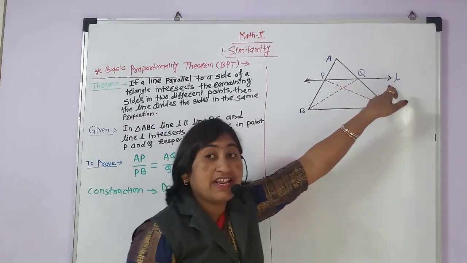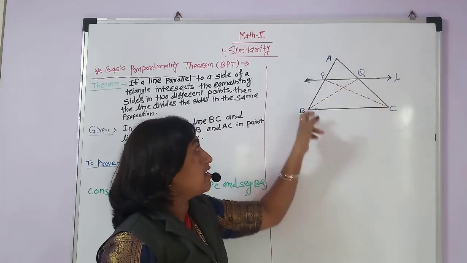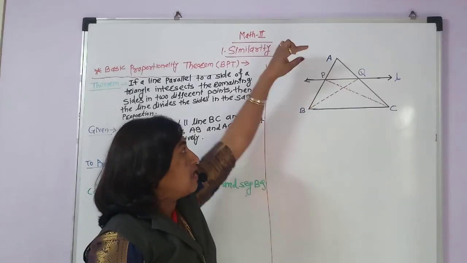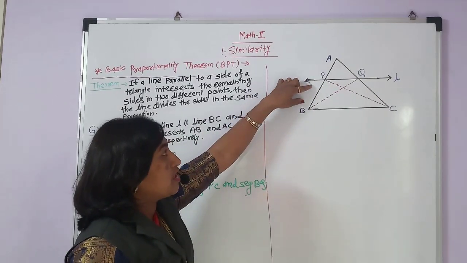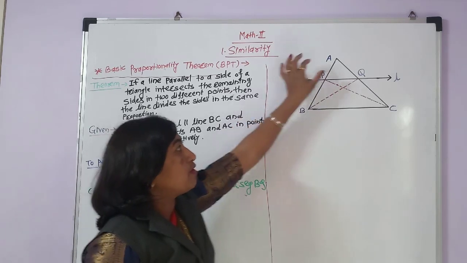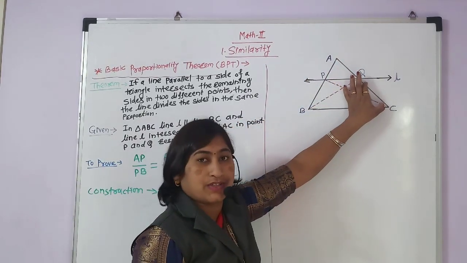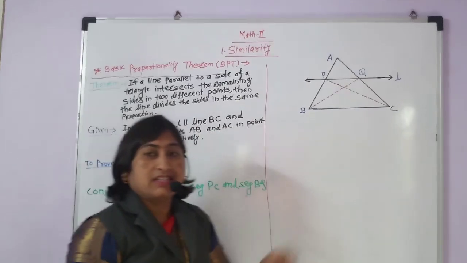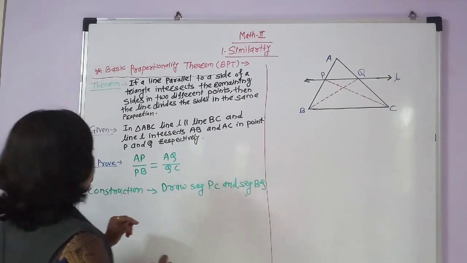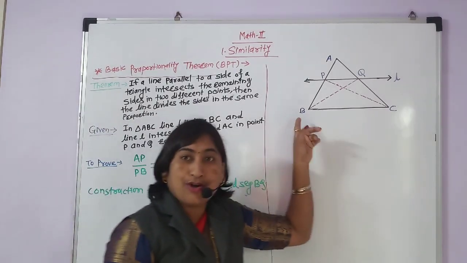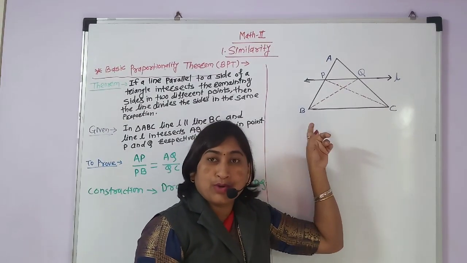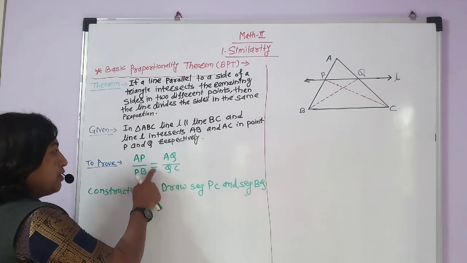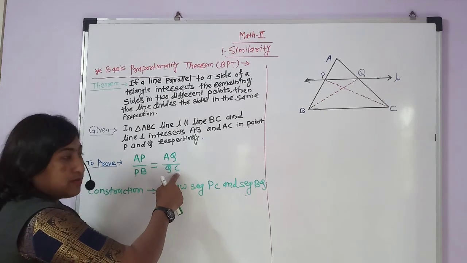That means this line L divides side AB and side AC in the same proportion, that means AP upon PB is equal to AQ upon QC. So we write the proof of that theorem. To prove: AP upon PB equals AQ upon QC.